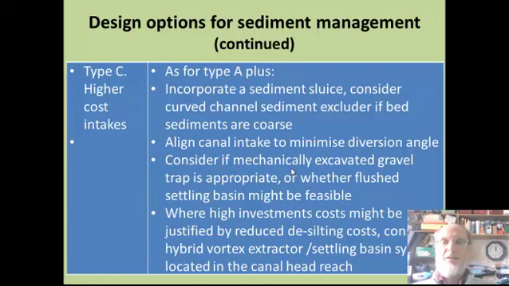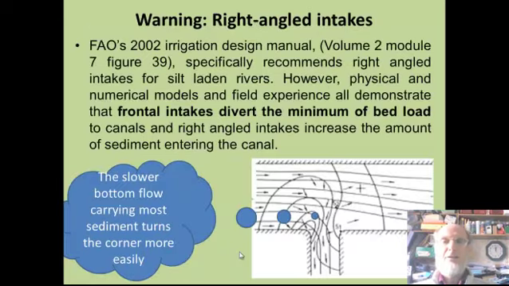Consider mechanically excavated gravel trap or possibly a flushing sediment basin. And where high investment costs might be justified through reduced desilting costs, consider a Vortex Tube extractor settling basin system in the canal head reach.